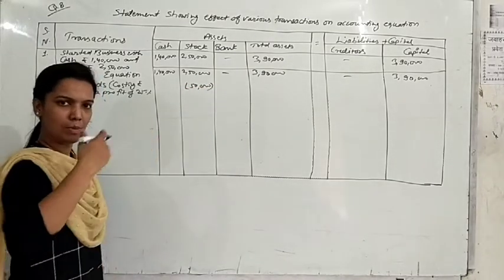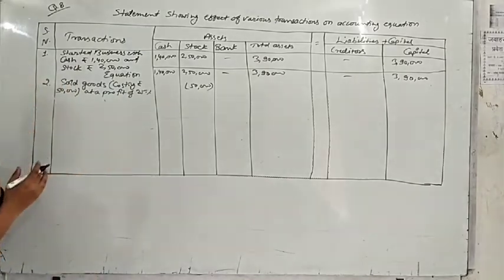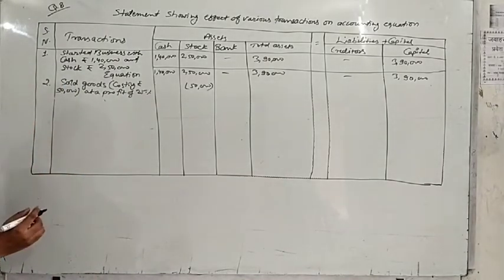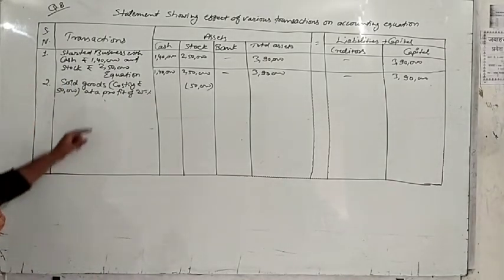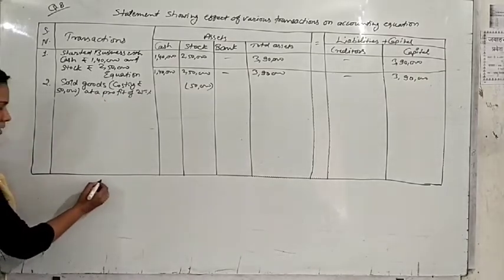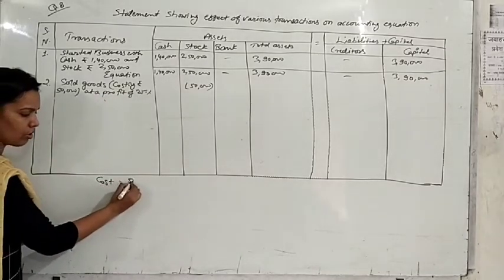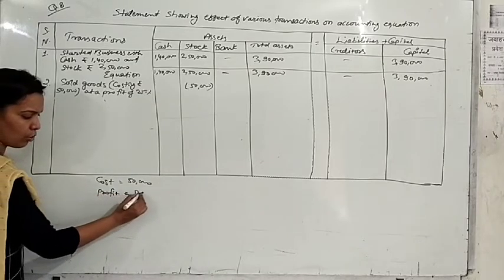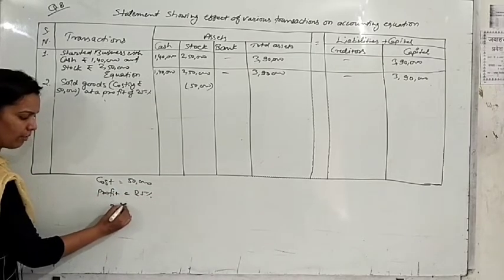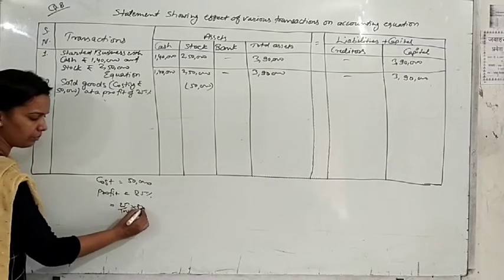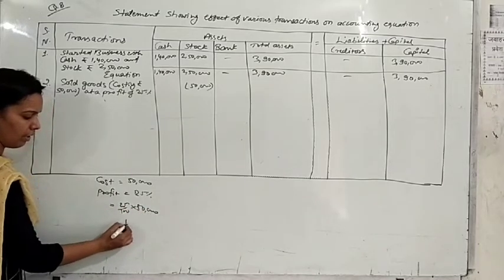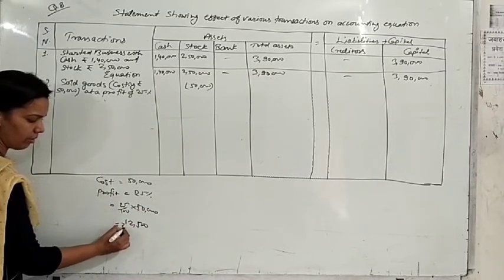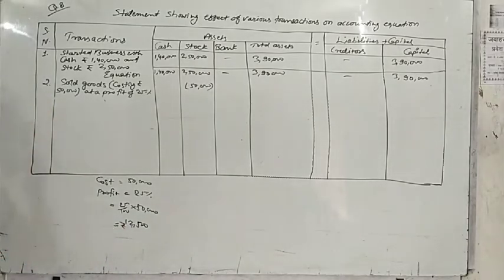You are selling goods, so stock reduced from your business. So 50,000 is the cost of stock, and profit is 25%. Here just write down cost rupees 50,000, profit equals 25%. So what is 25% of 50,000? It will be 12,500. 12,500 is the amount of profit.